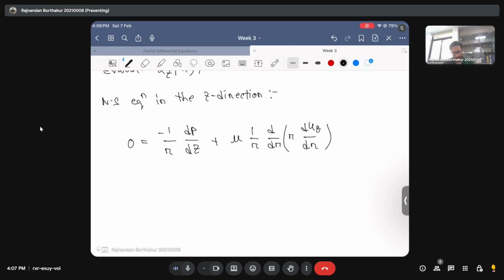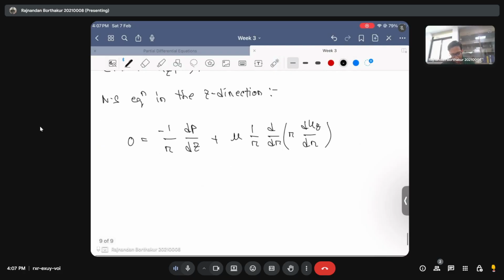So this is what your z direction equation is going to look like.